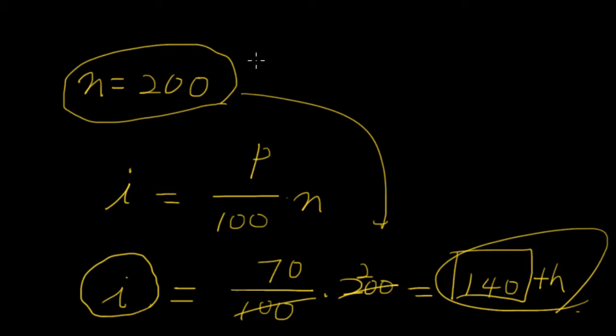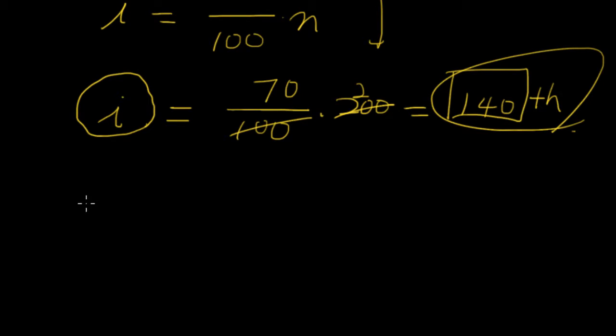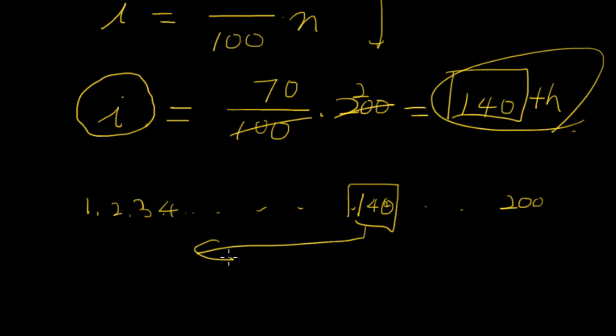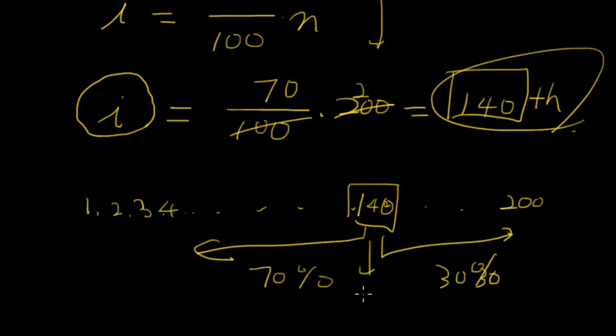If you line them up from data number 1, data number 2, data number 3, data number 4, all the way up to data number 200, which one is going to be the 70th percentile? If there's a 140th data point, behind this is going to be 70%, above this is going to be 30%. Then this is called the 70th percentile.